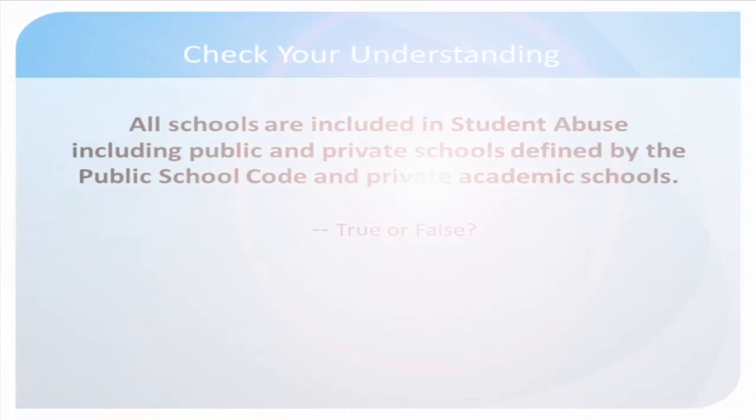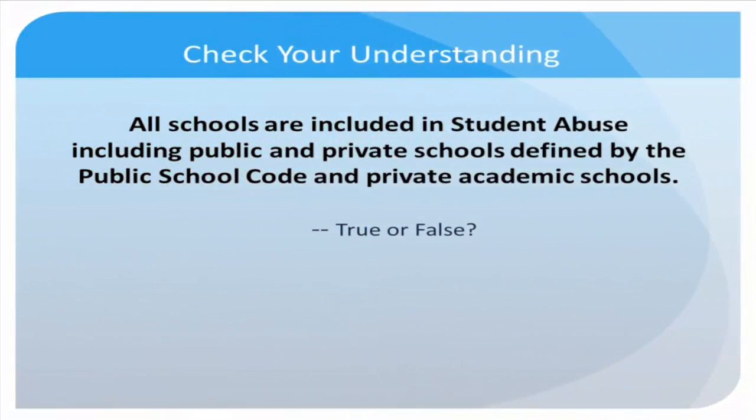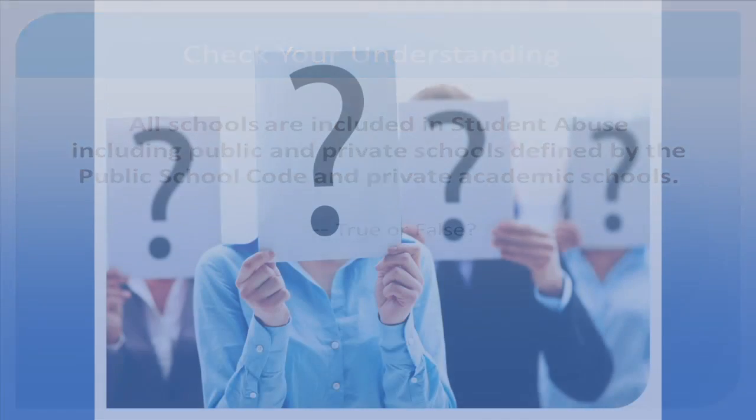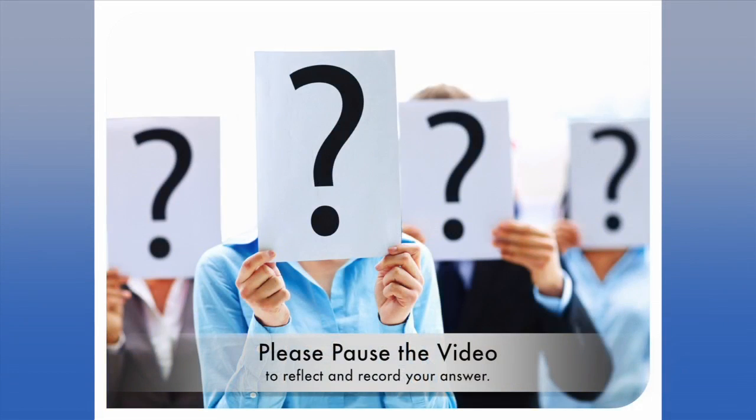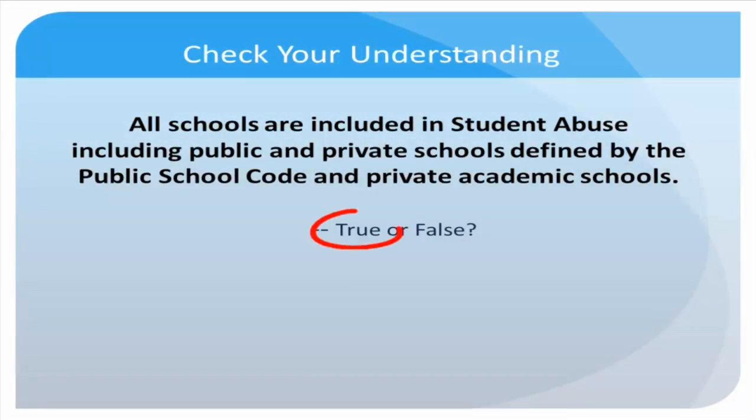Now that we've reviewed the module for student abuse, let's check for understanding. All schools are included in student abuse, including public and private schools defined by the Public School Code and private academic schools. True or false? The answer is true.